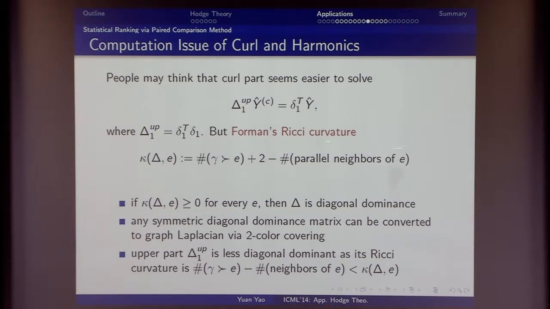In fact, if you look at the Forman's Ricci curvature defined for the Hodge Laplacian, if this quantity is non-negative for every edge, then this Laplacian must be diagonally dominant.